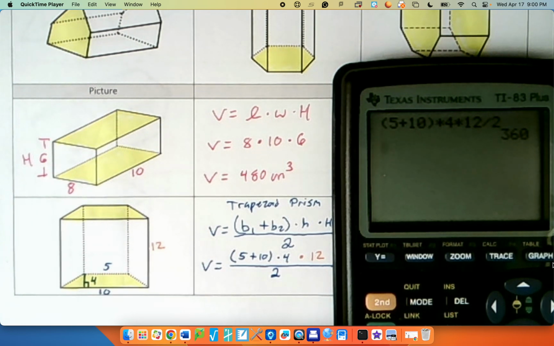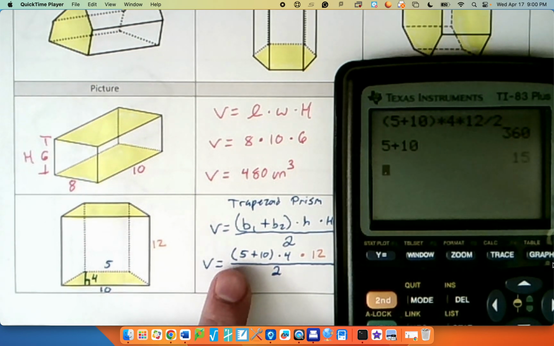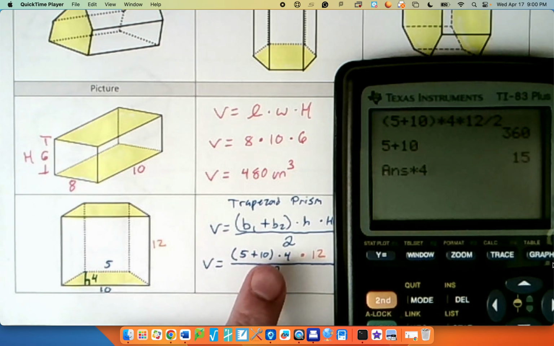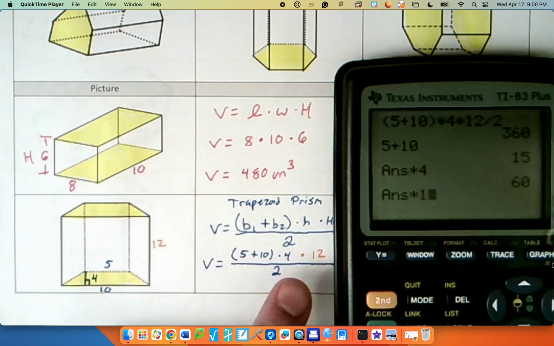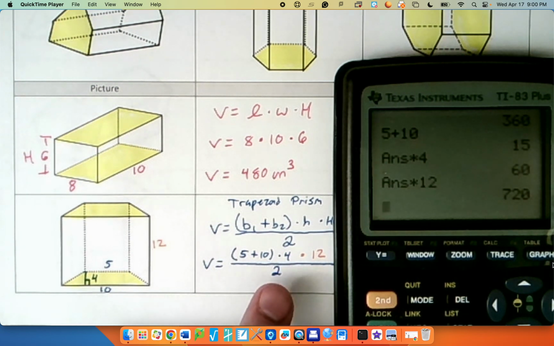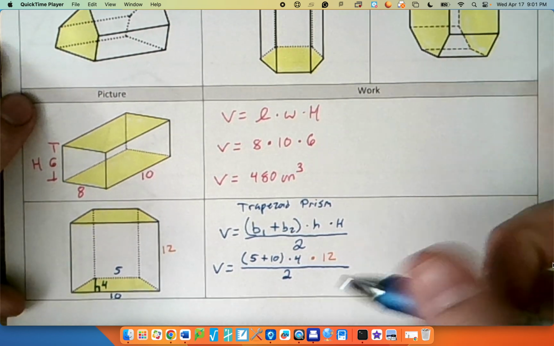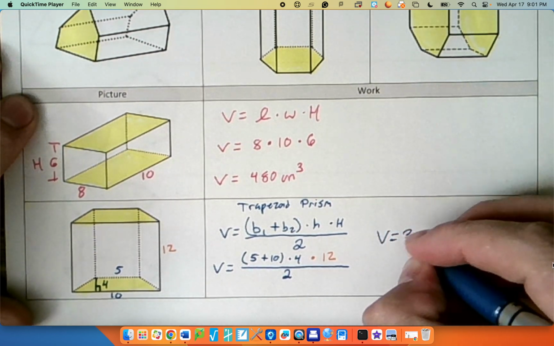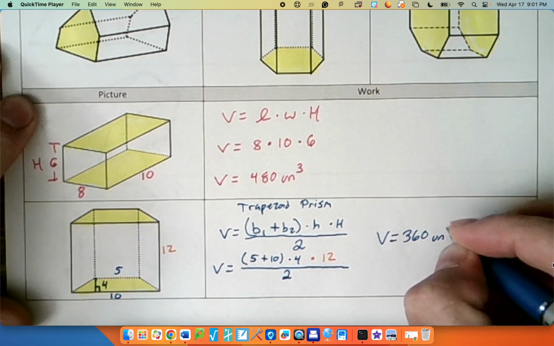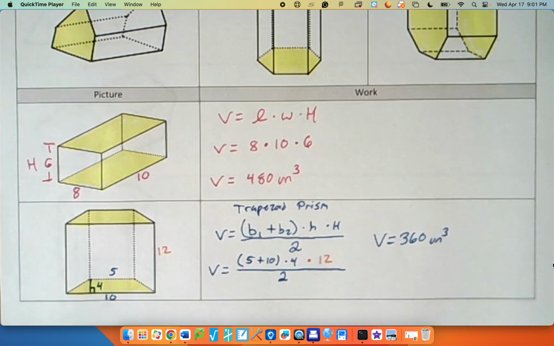What I like to do instead is go piece by piece. 5 plus 10, then multiply by 4, then multiply by 12, and then divide by 2. One step at a time, we get the same answer. Volume equals 360 units cubed.